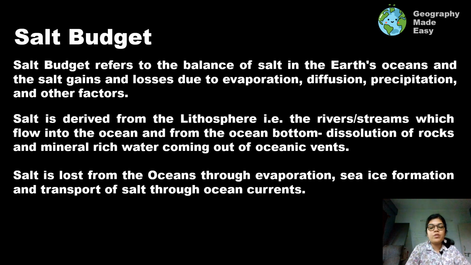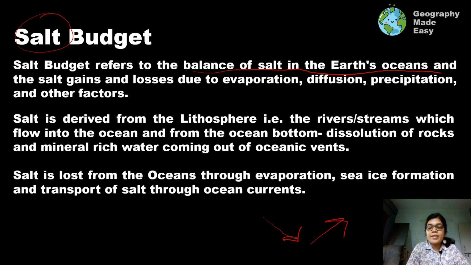Now let's come to the salt budget. What is the salt budget? We discussed the salinity of the ocean in my previous video. The salt budget refers to a balance of the salt in the Earth's oceans. And when we are talking of a budget, that means the salt which is added into the ocean water and the salt which is leaving the ocean water.